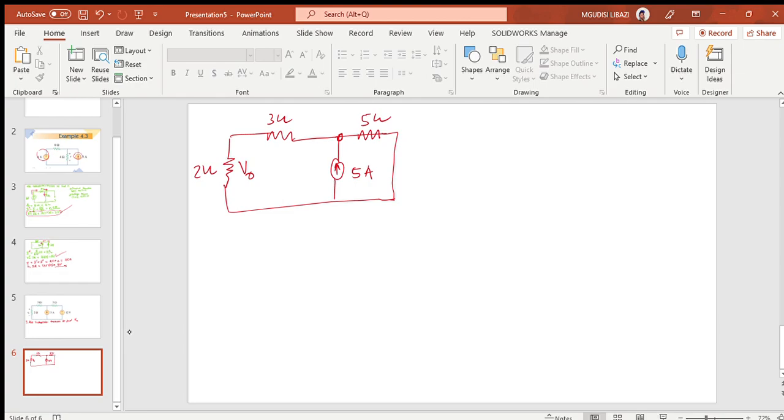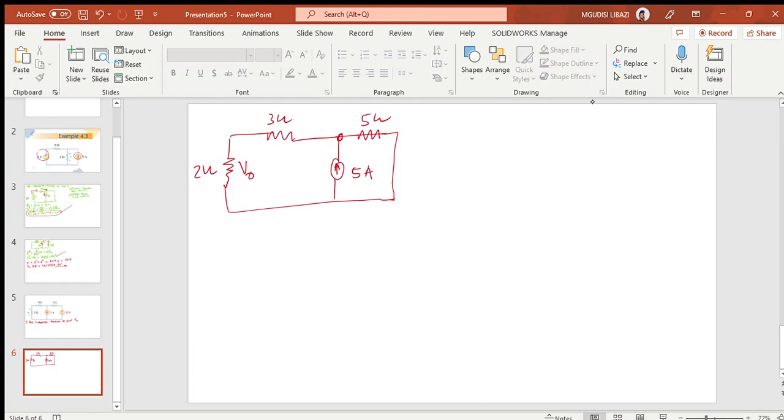I'm checking the easiest way, but we can apply nodal analysis to find that voltage, or else find the total current and then find the voltage at the node. There can be many ways, but let's try to tackle the question.